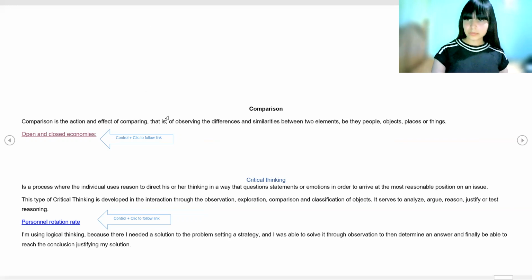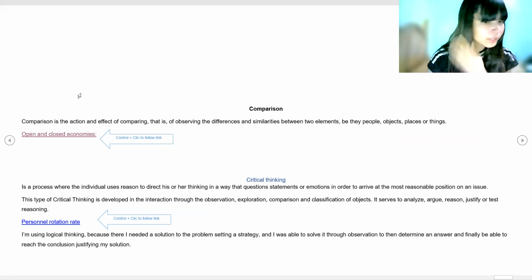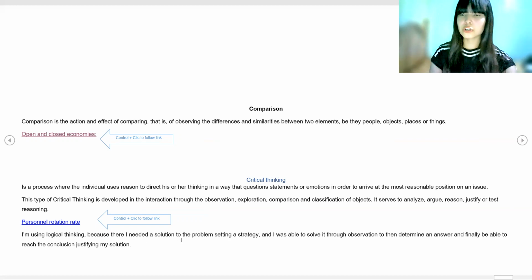Here we have an example of when I used critical thinking. I used logical thinking because I needed a solution to the problem, setting a strategy. So I needed to observe, explore, and know what were the things that I needed to be able to solve it.